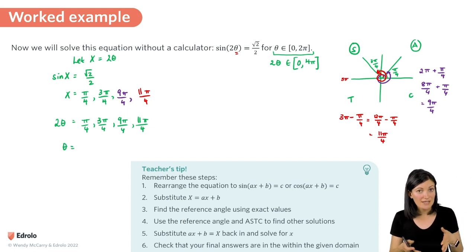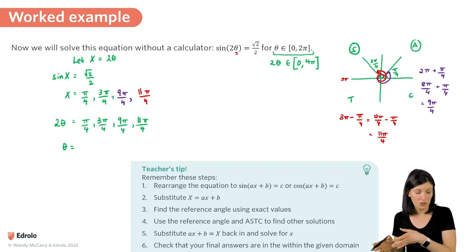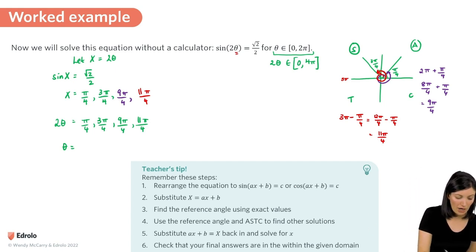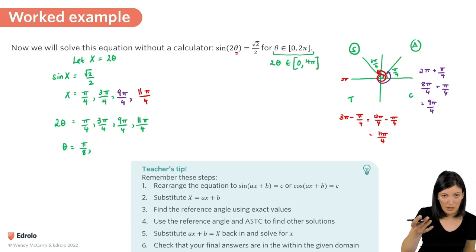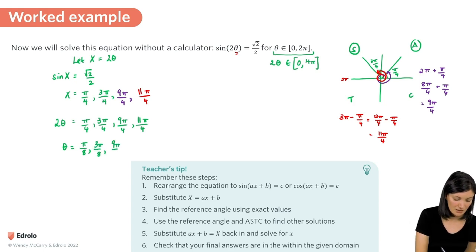So what I've got to do is divide by 2 for every single solution. So pi on 4 divided by 2 would be pi on 8. 3 pi on 4 would be 3 pi on 8, and 9 pi on 8, and 11 pi on 8.